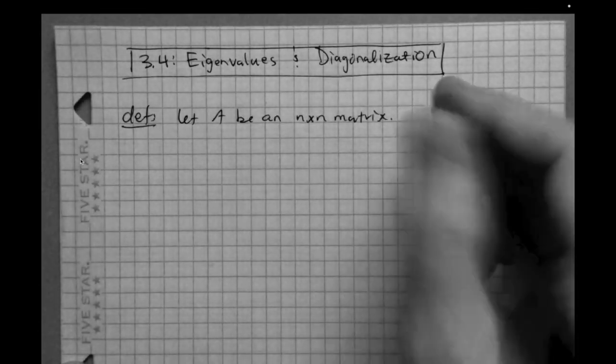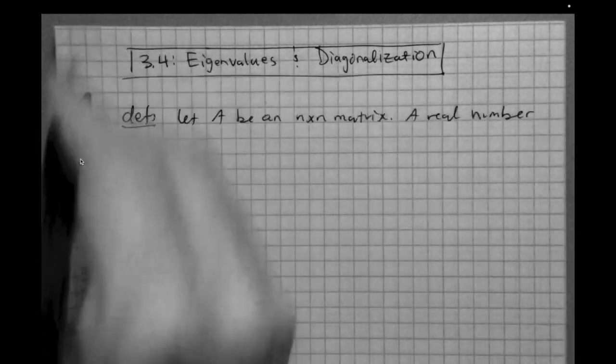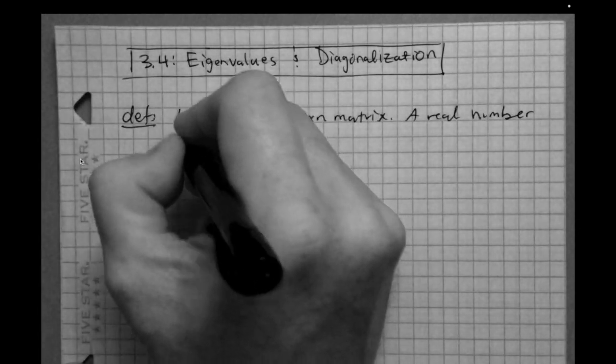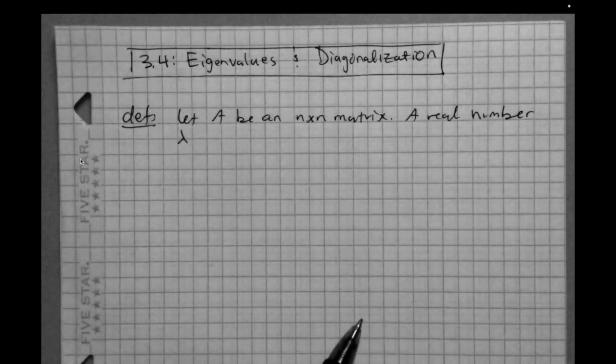Then we say that a real number, just a real number, like a scalar, and the notation we usually use for eigenvalues is lambda from the Greek alphabet.